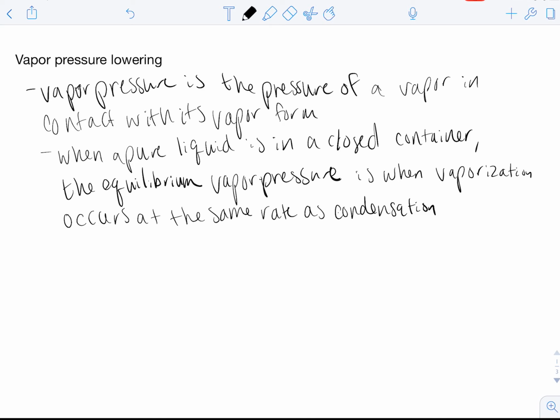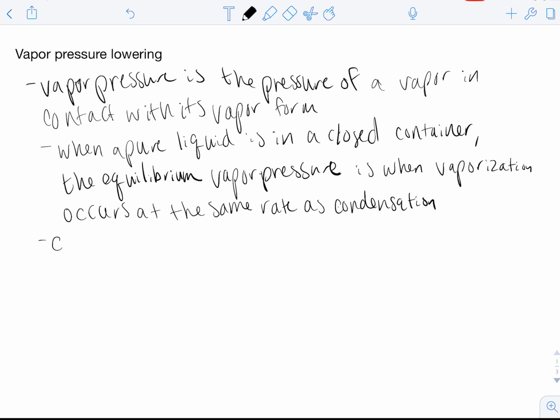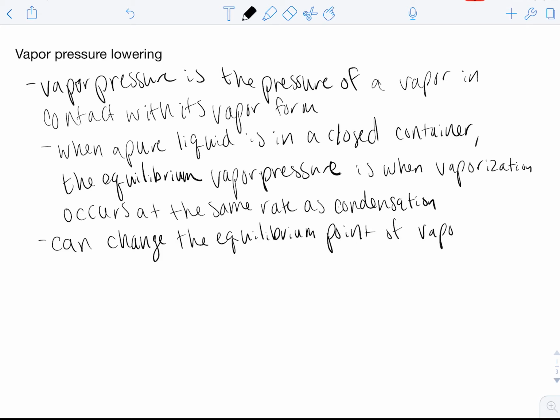But we can basically change the point of equilibrium for that vapor pressure by adding in a solute. So we're basically disturbing our equilibrium.